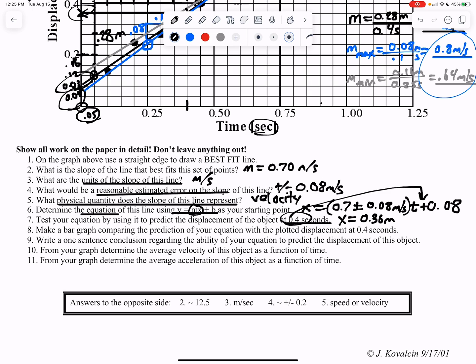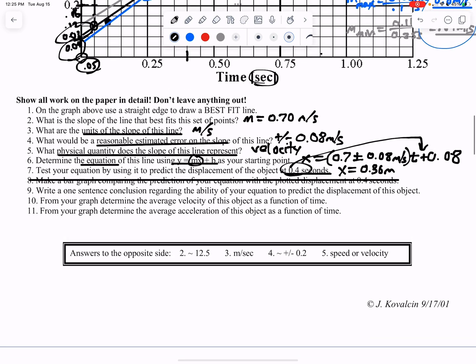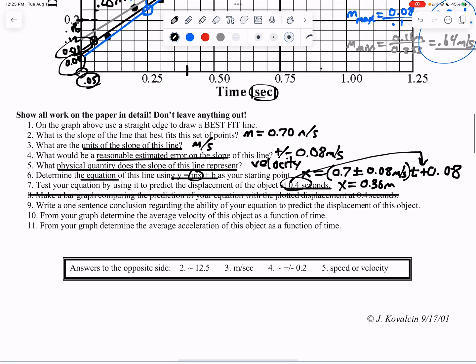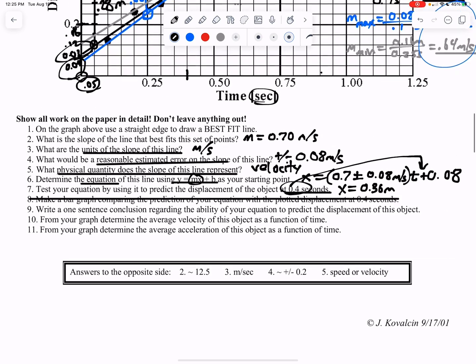We're not going to do part 8, so go ahead and strike a line through part 8. We're not going to make a bar graph, but basically it's comparing our prediction with the plotted displacement at 0.4. The plotted displacement at 0.4 is exactly at 0.36, and so you'd have essentially zero difference. We're going to do 9, 10, and 11 down below where you have room.